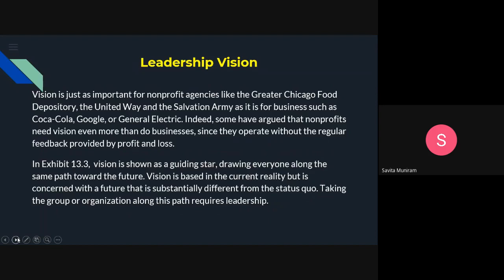Indeed, some have argued that nonprofits need vision even more than businesses do, since they operate without the regular feedback provided by profit and loss. In Exhibit 13.3, vision is shown as a guiding star drawing everyone along the same path towards the future. Vision is based on the current reality, but is concerned with a future that is substantially different from the status quo. Taking a group or organization along this path requires leadership. Next slide, please.